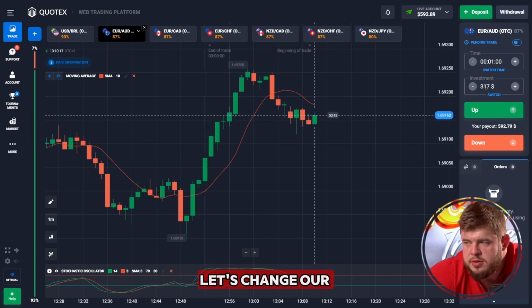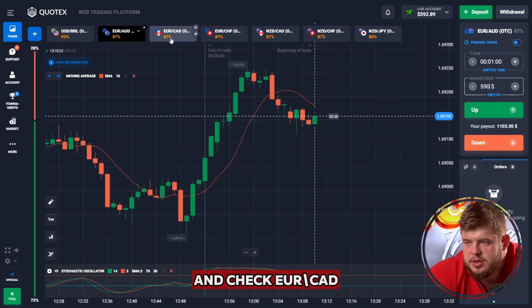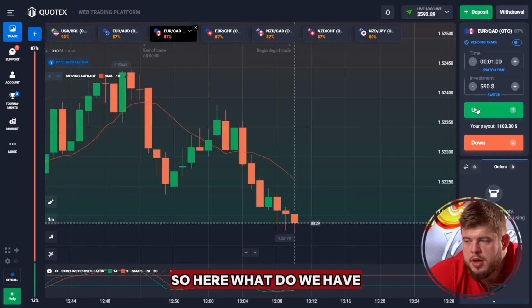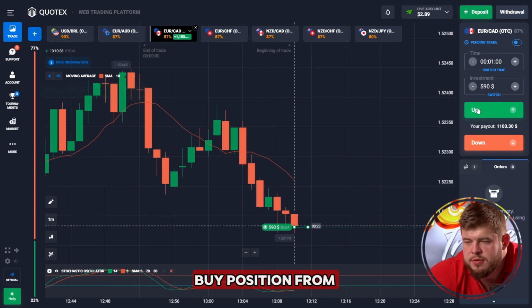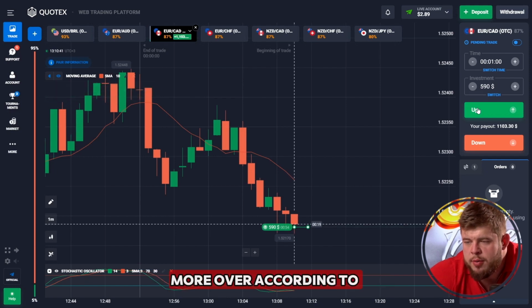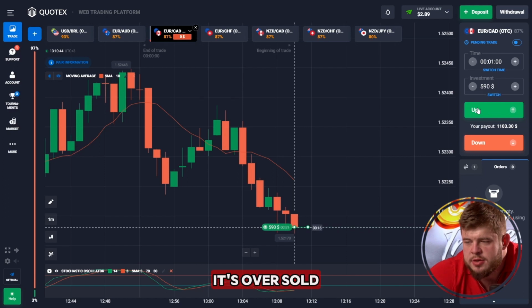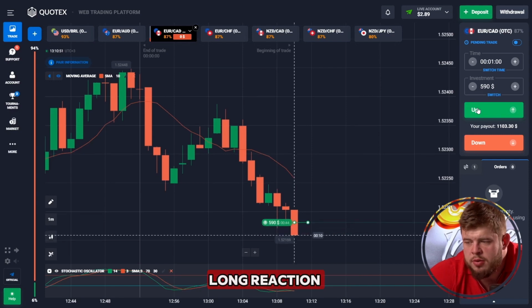Now let's think about the next one. Let's change our investment to 590 bucks and check Euro CAD. So here, what do we have? First of all, we're going to open a buy position from the minimum. Moreover, according to the stochastic, it's oversold. That's why we will highly likely receive the pullback reaction from that zone, a long reaction.